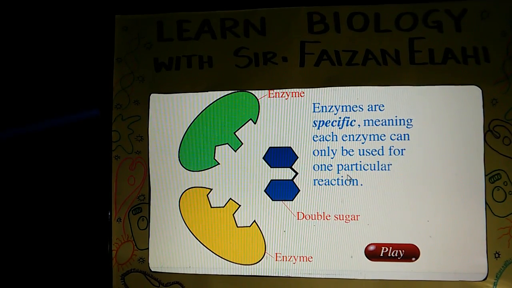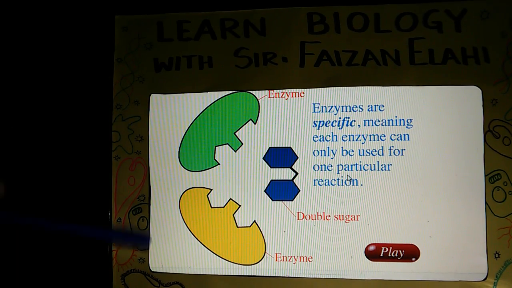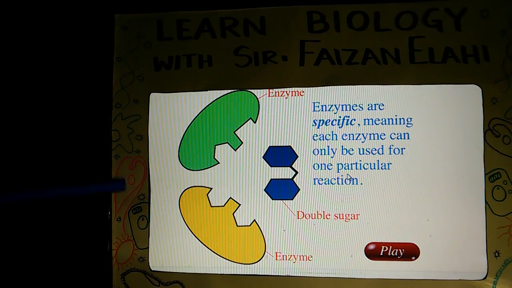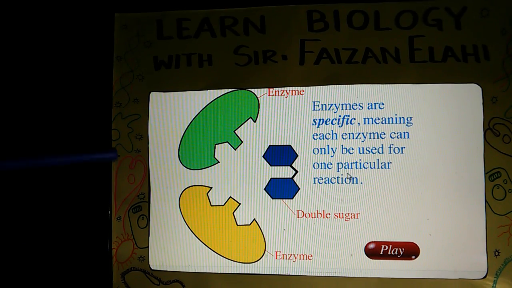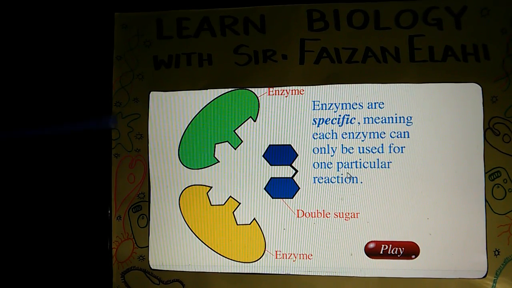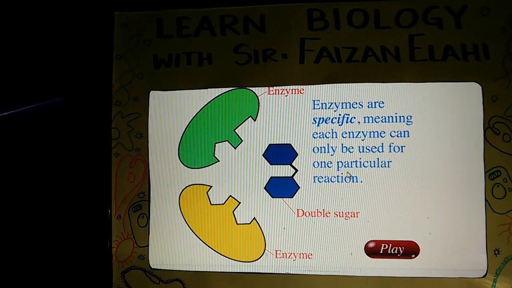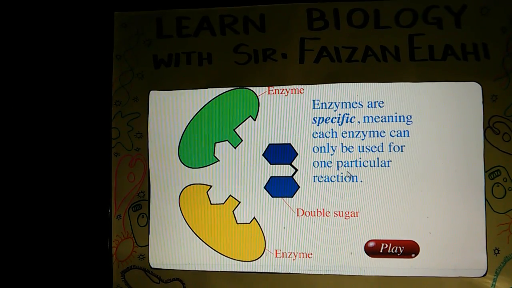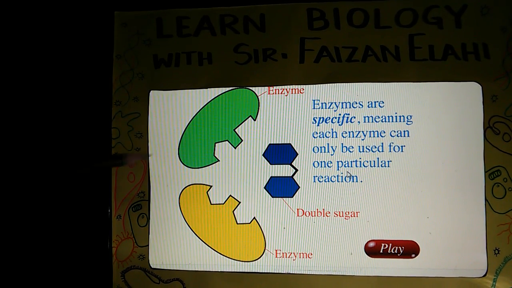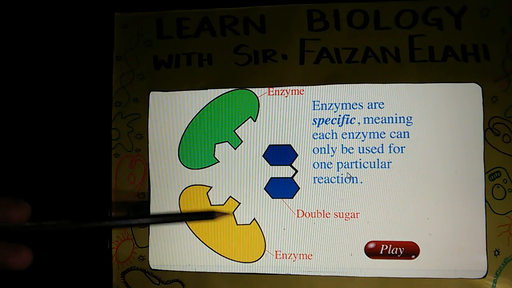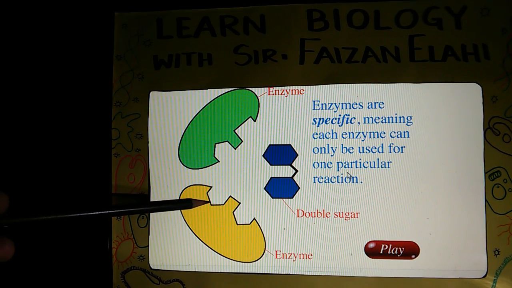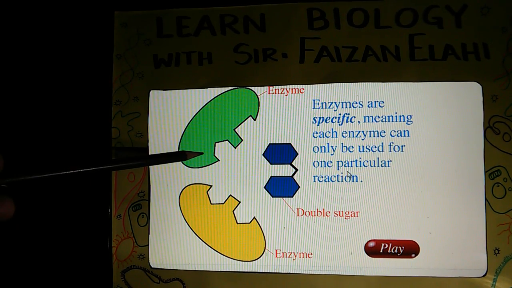In this screen, you will find two types of enzymes: the green enzyme and the yellow enzyme. The important thing is that these two enzymes have different active sites. The yellow one again has an active site, but of a different shape as compared to the green one.